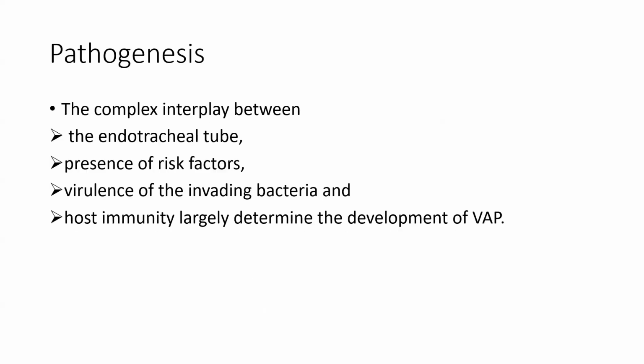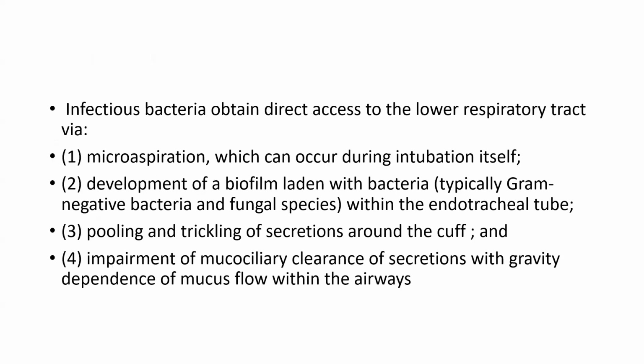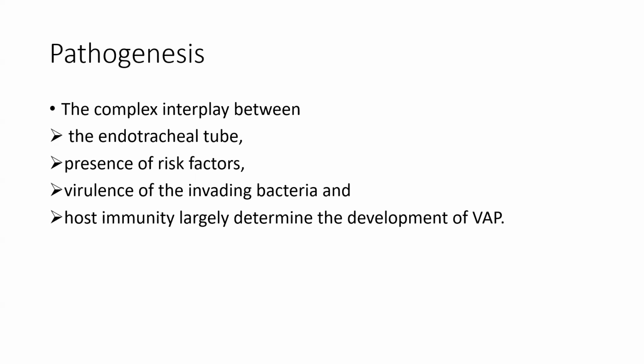Now, the pathogenesis of VAP is a complex interplay between the endotracheal tube, presence of risk factors, virulence of invading bacteria, and the host immunity that largely determine the development of VAP. So what happens when the endotracheal tube is in situ?